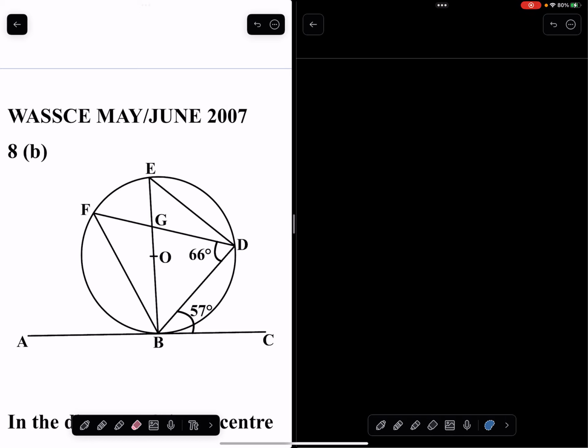Now we continue with the WASSCE questions on circle geometry, and the next one is from year 2007. That's question 8B. There's a diagram.